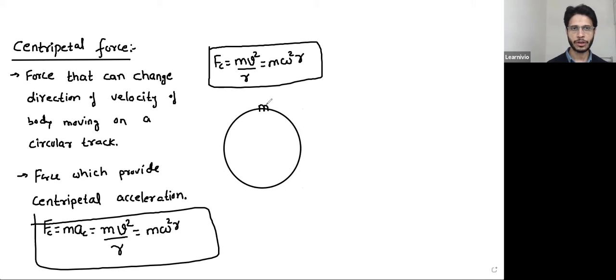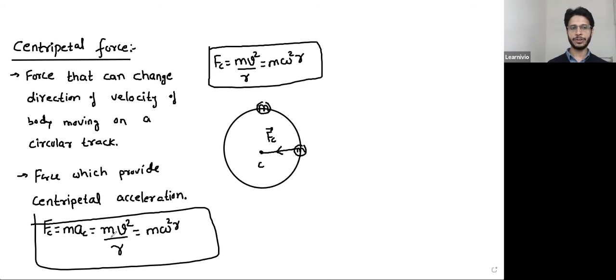So if this is a body of mass m moving on a circular track, and this is the center of the track, then this body will experience a centripetal force, Fc. The direction of centripetal force is along the radius towards the center.